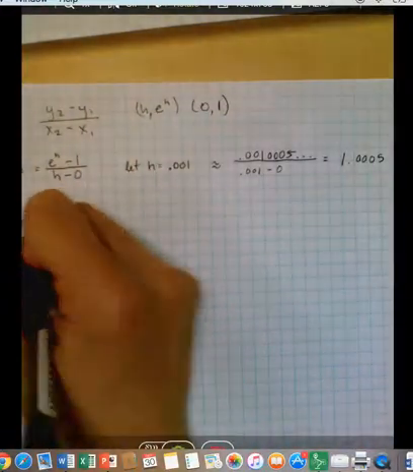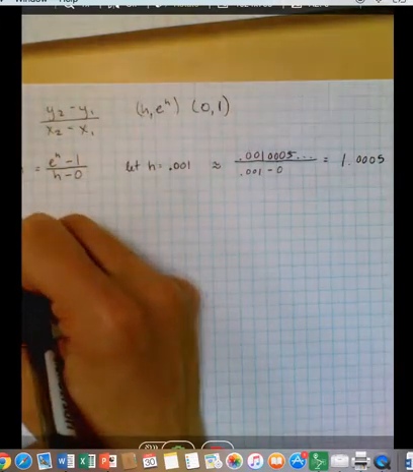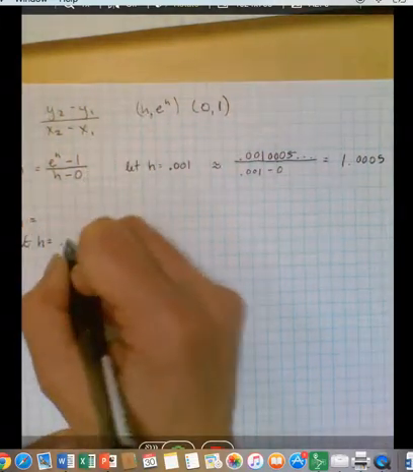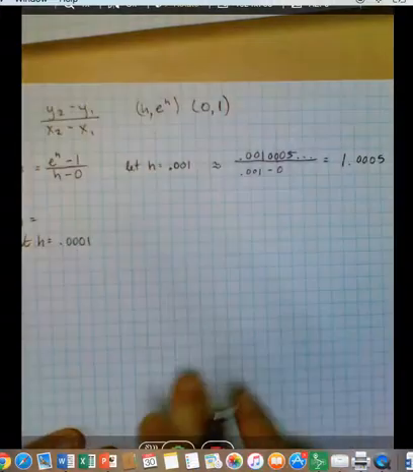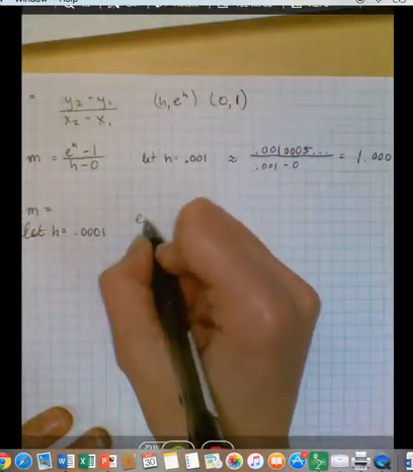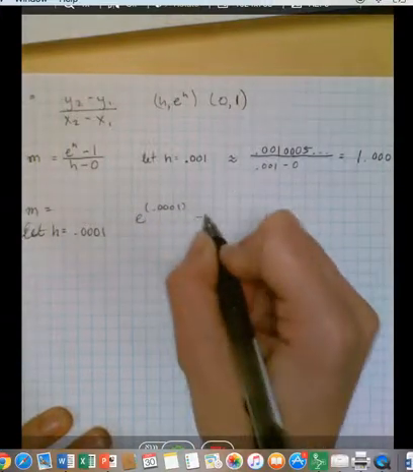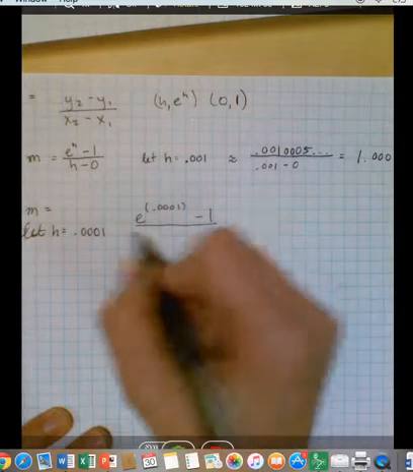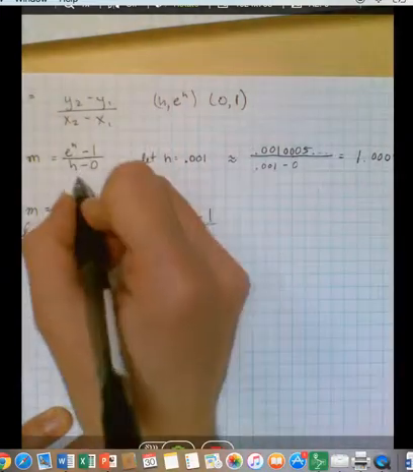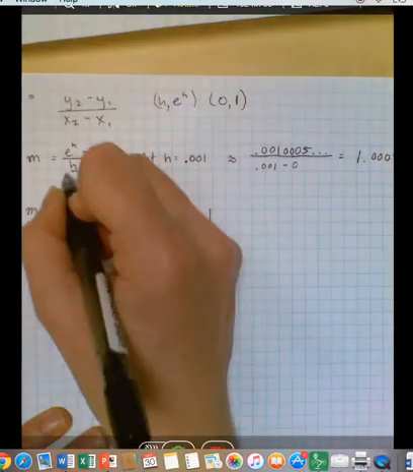Let h equal 0.0001, so that's even closer to 0 than the last one. So e to the 0.0001 minus 1 over h minus 0, this whole quantity down here simplifies to just an h.